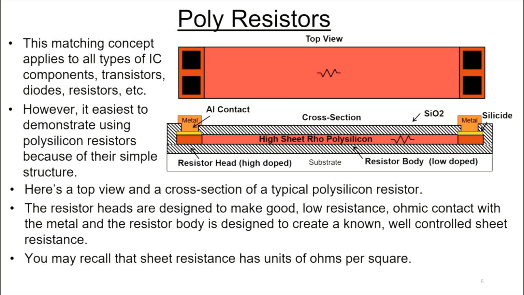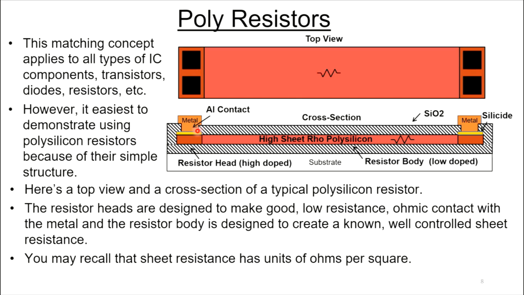Okay, so this matching concept applies to all types of IC components: transistors, diodes, resistors, etc. However, for me, it's easiest to demonstrate using polysilicon resistors just because of their simple structure. I'm going to review the structure for a polysilicon resistor, and then we'll talk about matching. So here's a top view and a cross-sectional view of a typical polysilicon resistor.